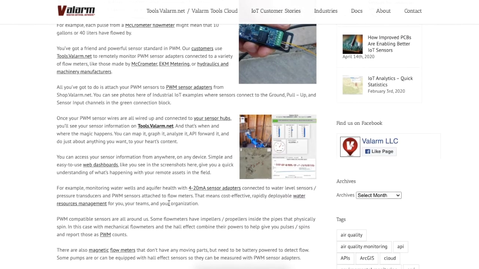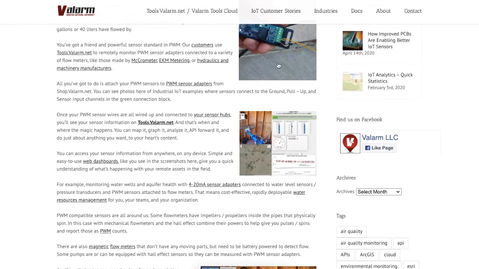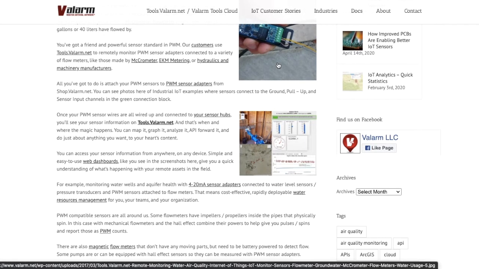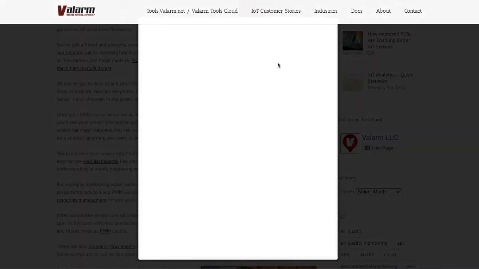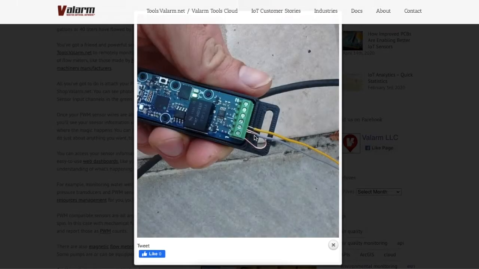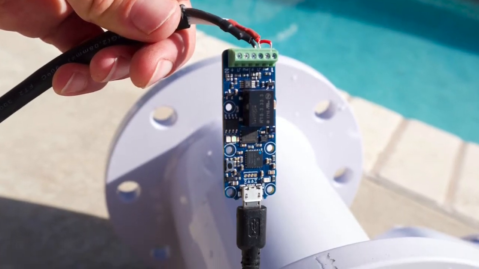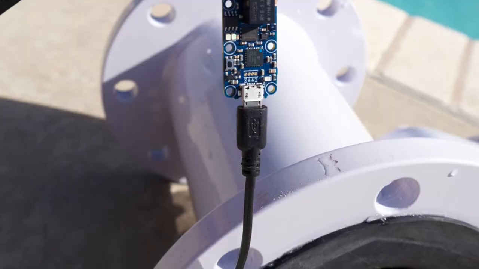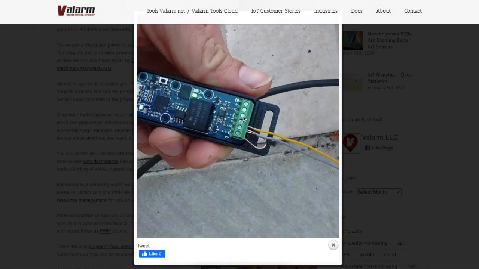All you got to do is attach your PWM sensor to the PWM sensor adapters, like you see in this photo. And you can see all these examples where sensors are connected to ground, pull-up, PU, and sensor input channels in the green connection block.